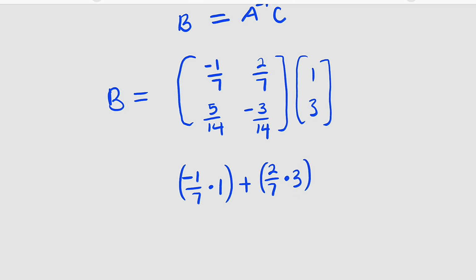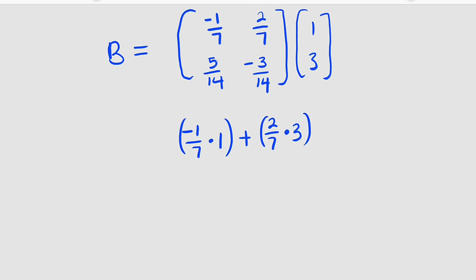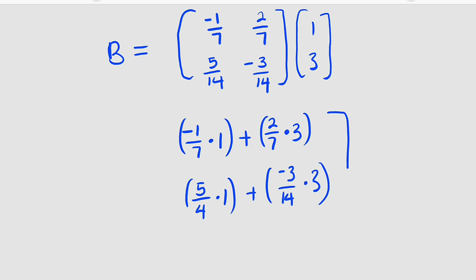Then for the other one, we take the second row and multiply by the column: 5 divided by 14 multiplied by 1, then we add negative 3 divided by 14 multiplied by 3. This is our new matrix, which stands for B, the values of x and y.